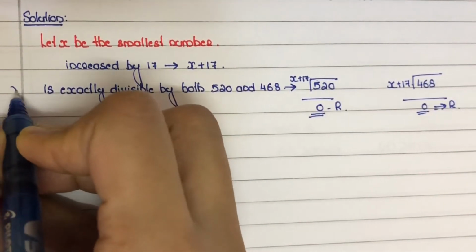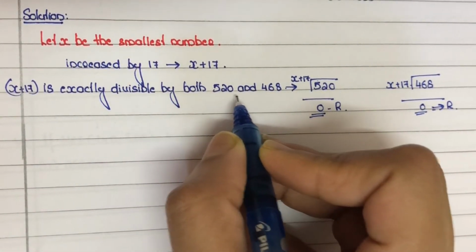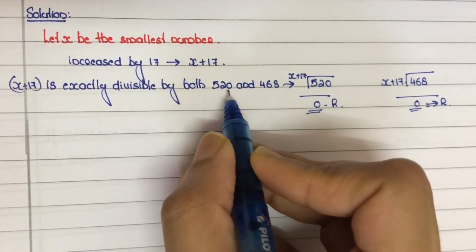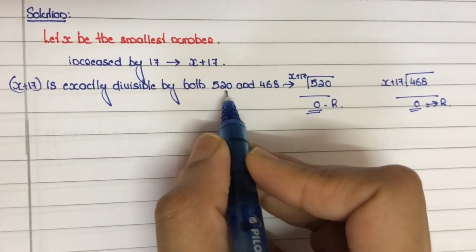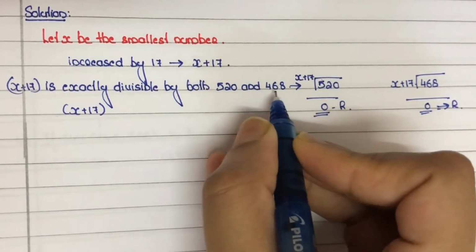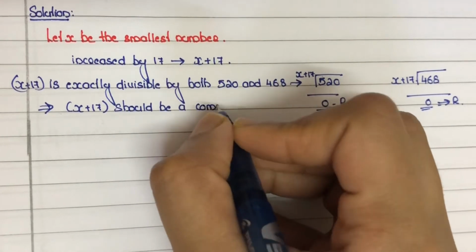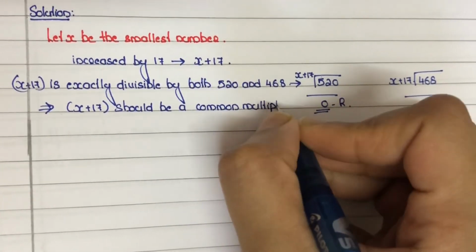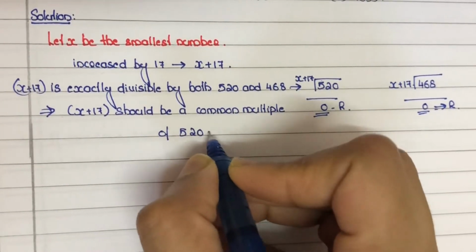Now x plus 17 is exactly divisible by both 520 and 468, means x plus 17 is a common factor or common multiple of 520 and 468.